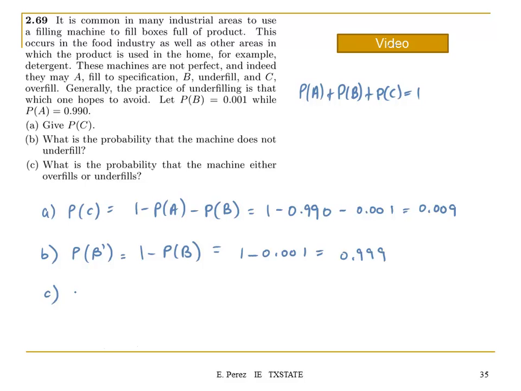So you have the probability of B union C. And since they are mutually exclusive, you can add them. So this will be equal to 0.001 plus 0.009, which is 0.010.